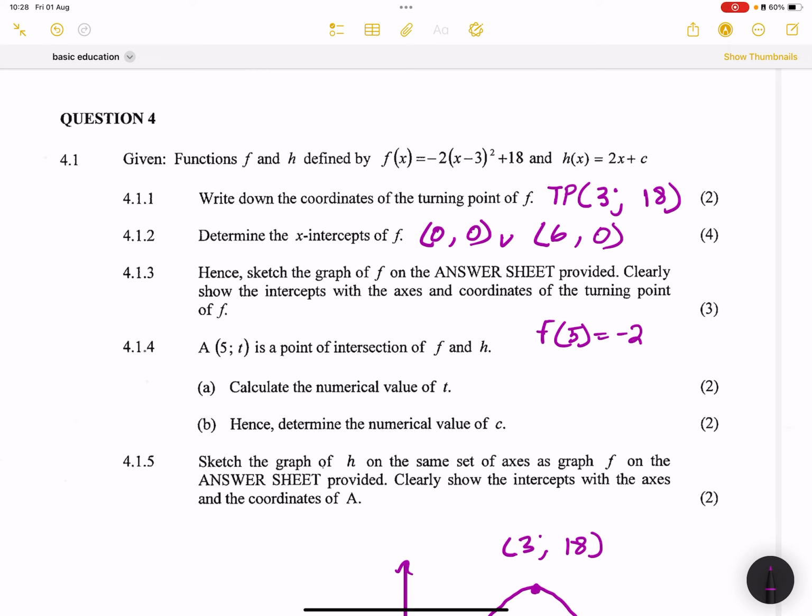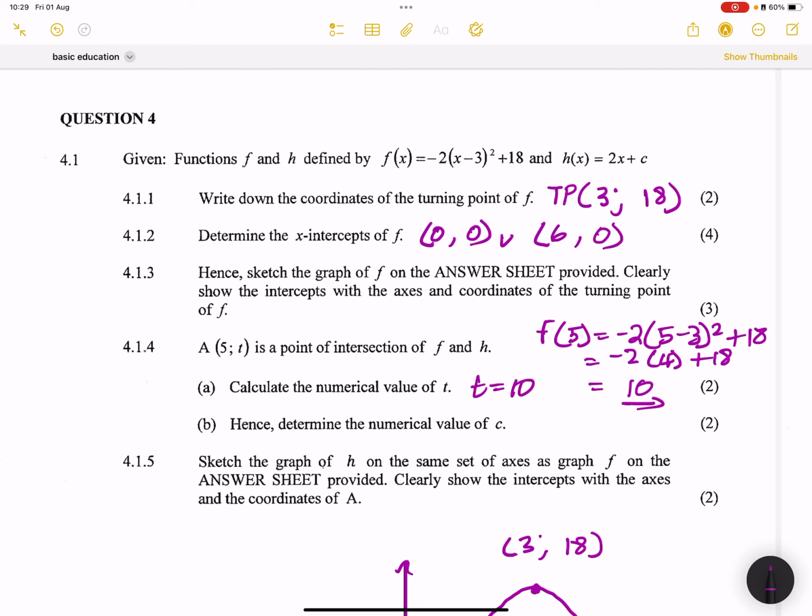So that would be negative 2 into 5 minus 3 all squared plus 18. 5 minus 3 is 2, 2 squared is 4, plus 18. I know some of you would have quickly gone for your calculators. So this would be equal to 10. So the value of t is 10.